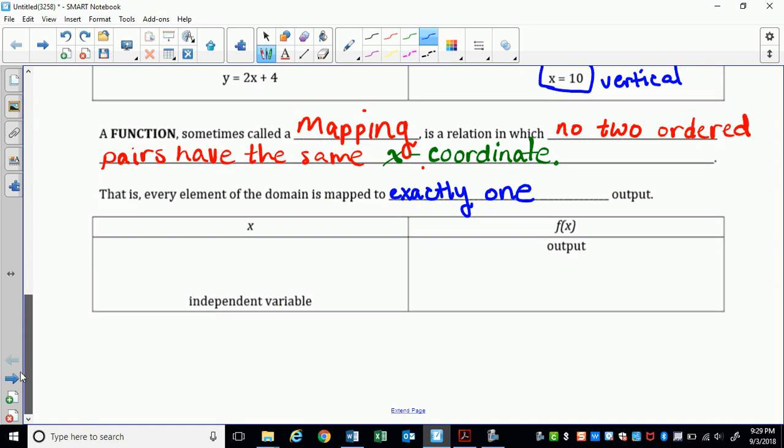All right, let's talk about x. X is our input. If this is our independent variable, f of x or y is our dependent variable. It really depends on what we plug into or substitute into our equation, right?